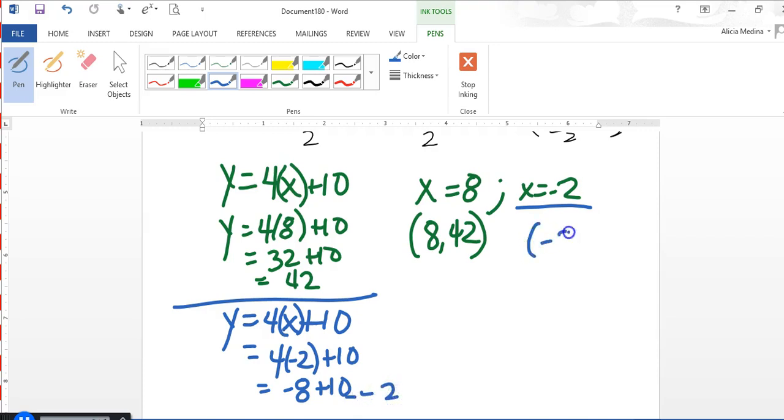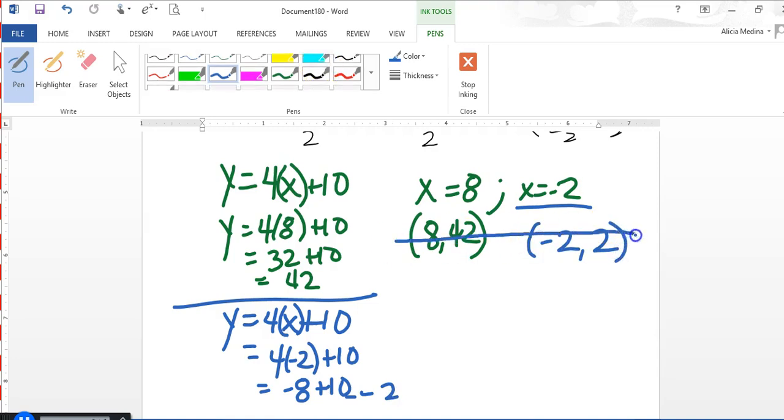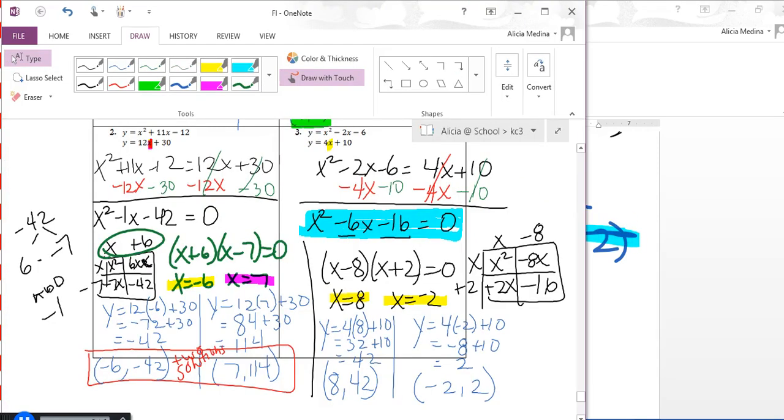So this is going to be -2 comma positive 2. So notice these two solutions were the solutions we had right here. Same two solutions. So if you don't like factoring or you forget how to do it, use the quadratic formula.